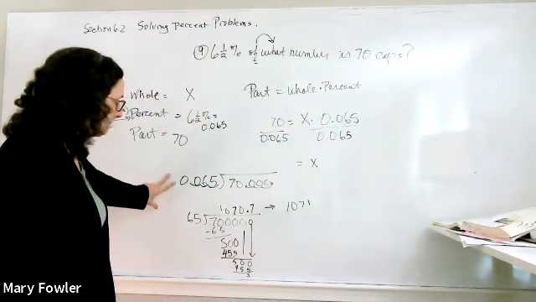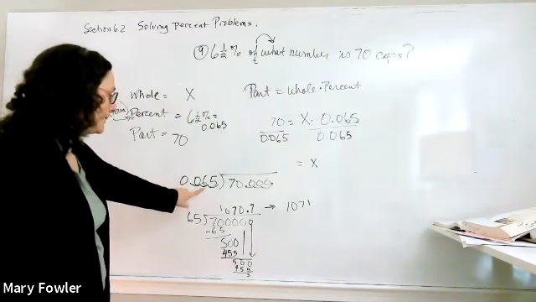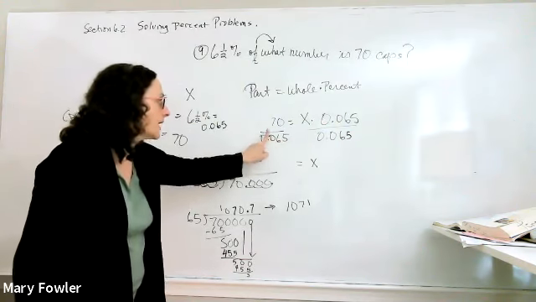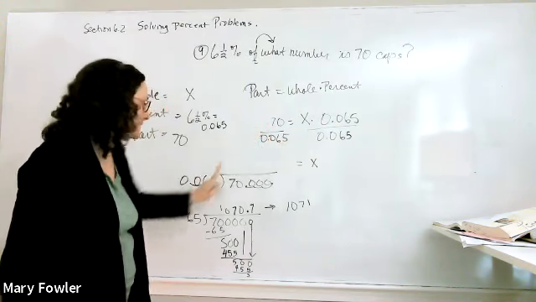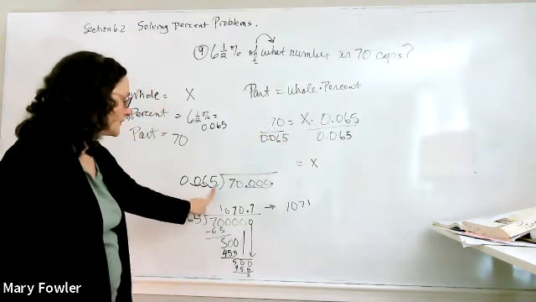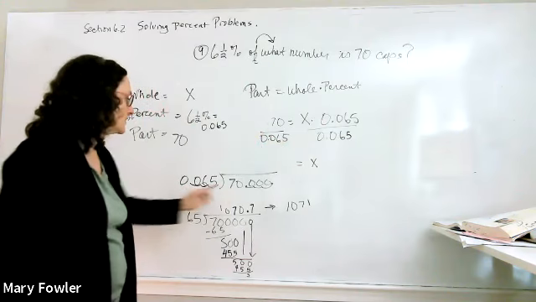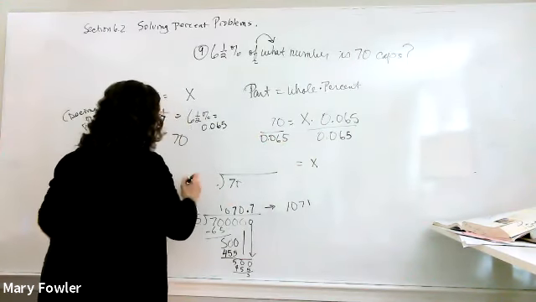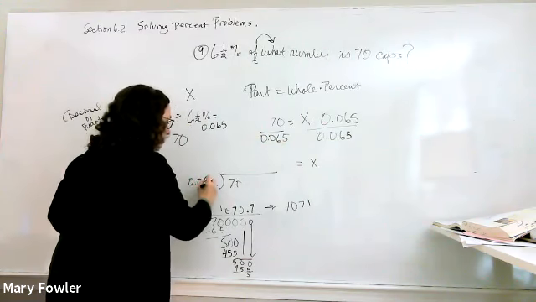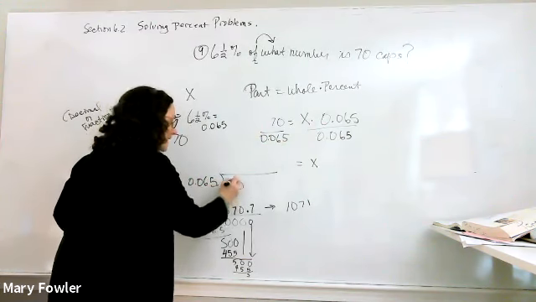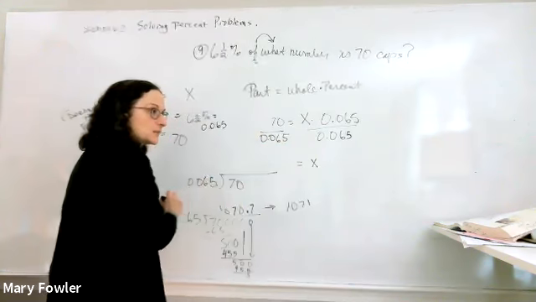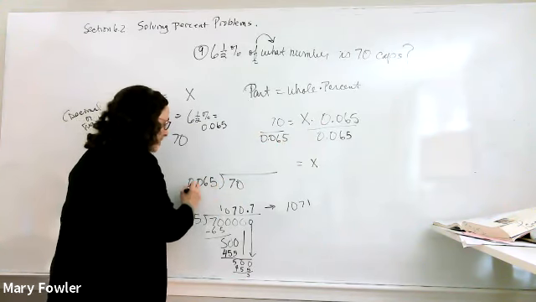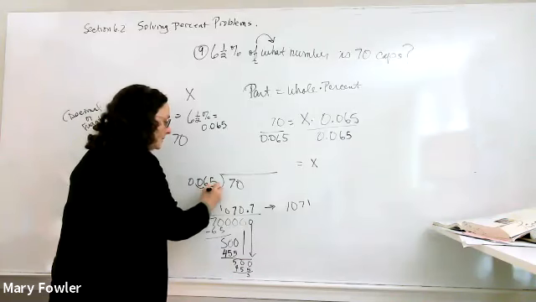Okay, so we have 0.065 divided into 70. So 0.065 comes on the outside and 70 comes on the inside. And the first thing we have to do is move that decimal place until it clears your digits. So 3 jumps here, 1, 2, 3.